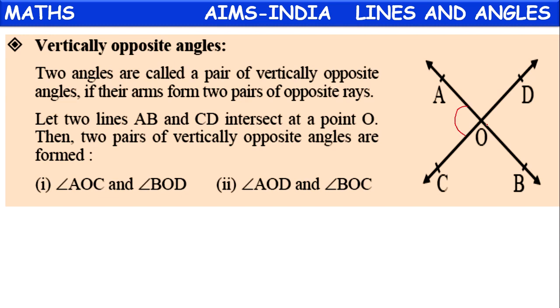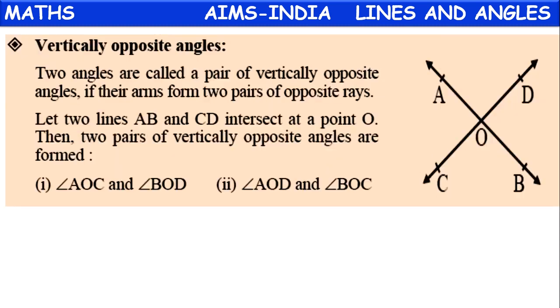AOC is vertically opposite to BOD, this is one pair. AOD is vertically opposite to COB, this is the second pair. Like this we have got two pairs of vertically opposite angles.